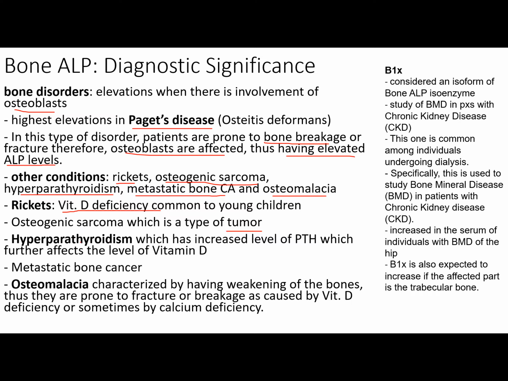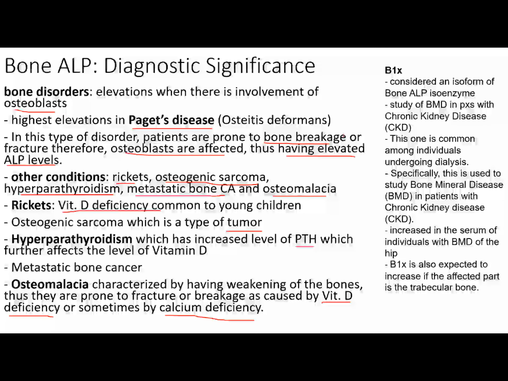If it's hyperparathyroidism, remember ang hyperparathyroidism nyo is related to the parathyroid hormone, which would affect the level of vitamin D. Then we have your metastatic bone cancer. Then we have your osteomalacia, characterized by weakening of the bones. Thus, they are prone to fracture or breakage, as caused by vitamin D deficiency or sometimes caused by calcium deficiency.